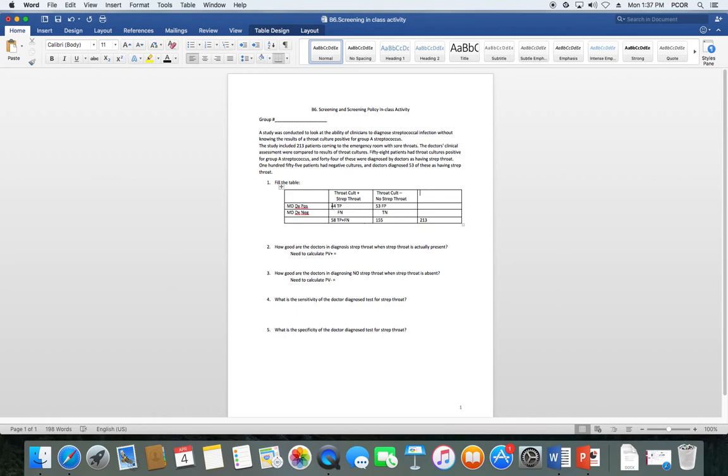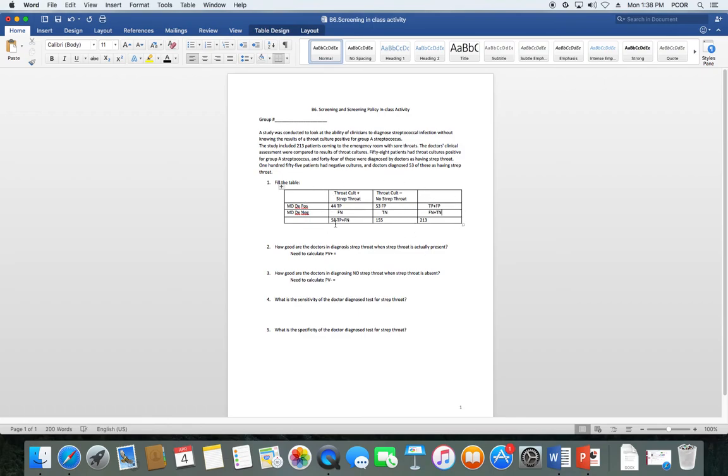So adding all the positives, both true and false, should equal your total, true positive and false positive. And this cell here, by just adding the negatives, is false negative plus true negative.